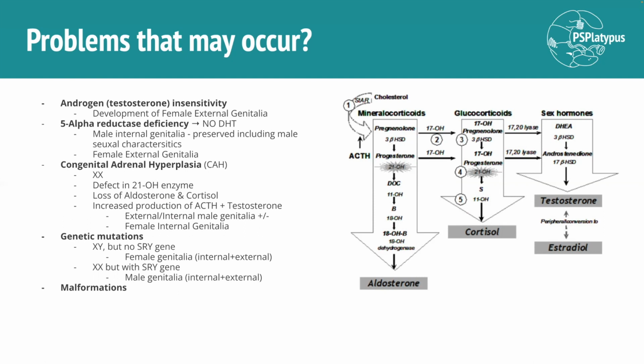Another condition is congenital adrenal hyperplasia, and this happens in our genetically XX patients. This is caused by a defect in the 21-hydroxylase enzyme, which is required in the production of our mineralocorticoid and glucocorticoid hormones. Looking at the diagram to the right, we can see if our 21-hydroxylase enzyme is lost, we will have reduced production of aldosterone and cortisol.